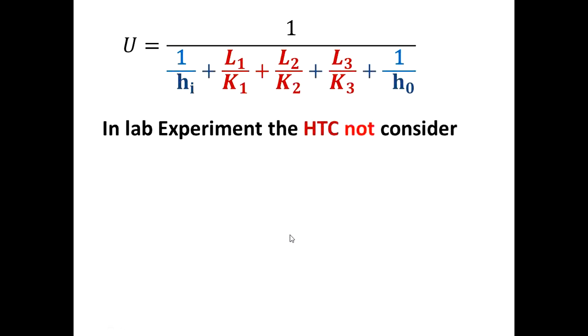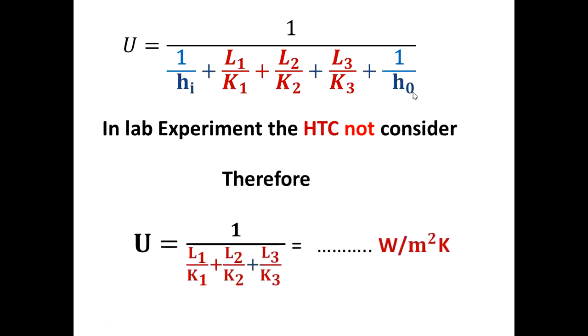In the lab experiment, hi and h0 are not considered because it is difficult to find the heat transfer coefficient of the fluid. Your equation will turn out to be this much only.